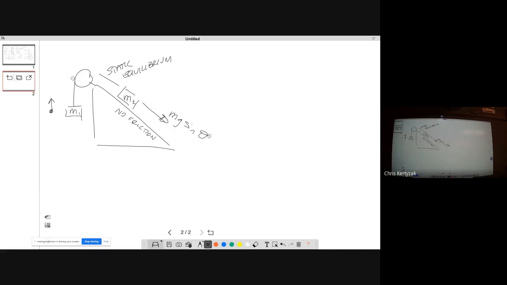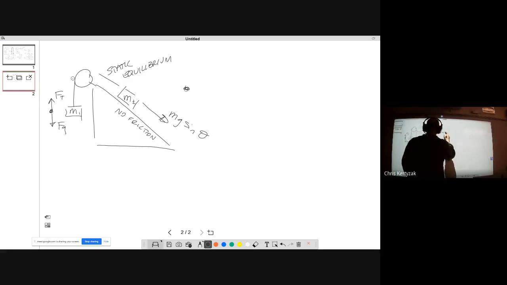Mg sine theta is still pulling down, right? This guy has some tension over here pulling up. He has some weight pulling down. Those would have to be balanced in a free body diagram, because if it's static equilibrium, that means the net force on him has to be 0. And for the other guy, the tension would have to be the same as the tension for the first guy on the left, same rope, right?